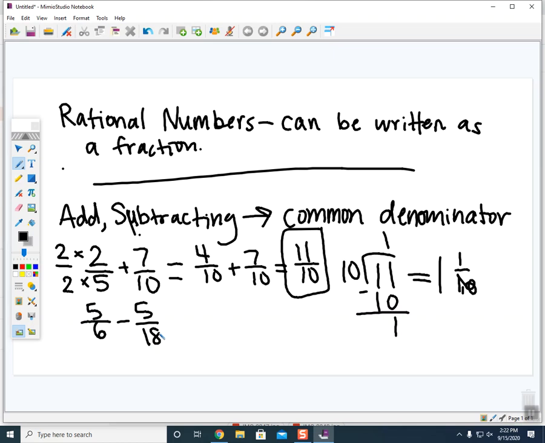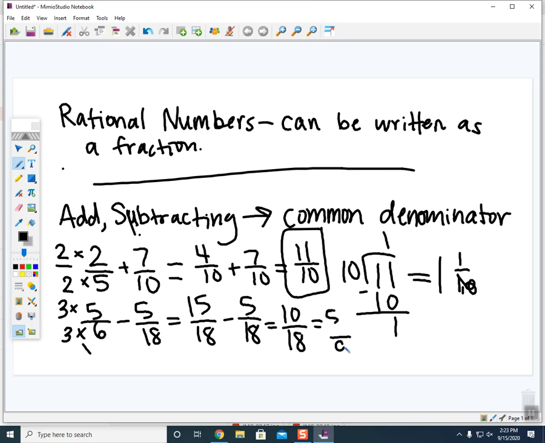To get from 6 to 18, I would multiply this by 3, which means I have to multiply the top by 3, which means I've got 15 over 18 minus 5 over 18 gives me 10 over 18, but I can simplify this, so I'm going to. So I can simplify this down to 5/9. That is my answer, okay?